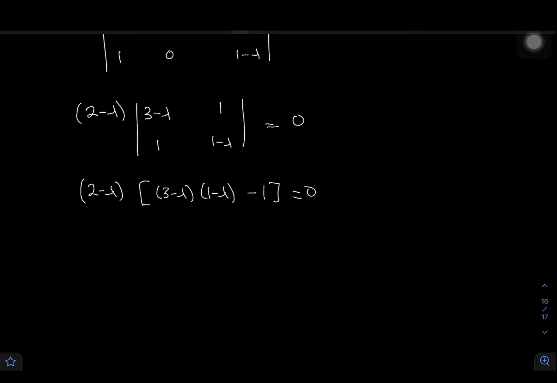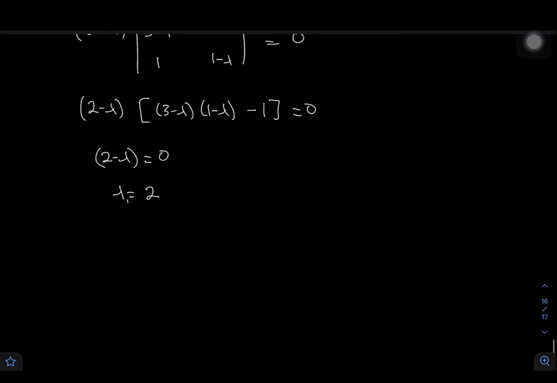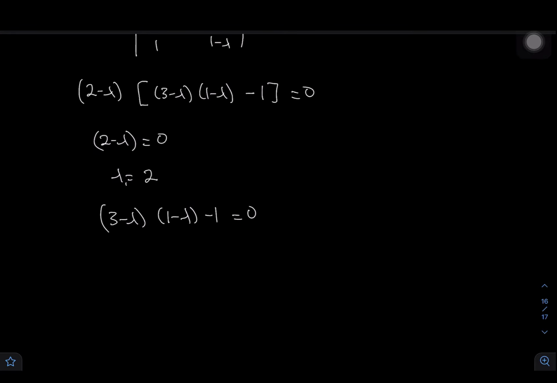Okay, so here you can see that lambda is already 2 because, let me write this first. We have 2 minus lambda equals 0, lambda 1 equals 2, and then you have 3 minus lambda, 1 minus lambda, minus 1 equals 0. You're going to have 3 minus 3 lambda minus lambda plus lambda squared minus 1 equals 0.